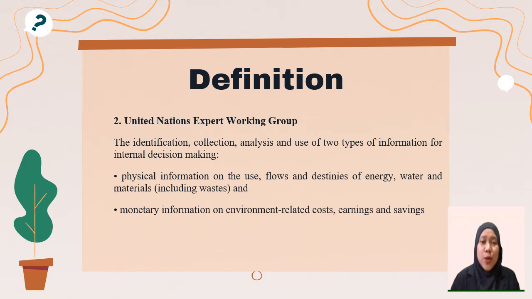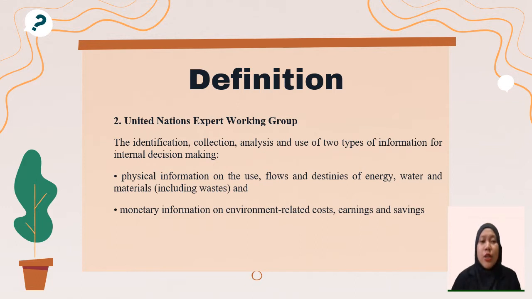Next, there is also a complementary definition given by the United Nations Expert Working Group on EMA, which more distinctly highlights both the physical and monetary sides of EMA. This definition was developed by international consensus of group members representing 30 nations.